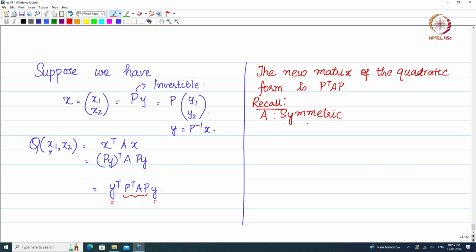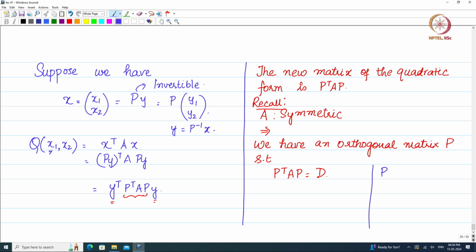If A is symmetric, then we can find an orthogonal matrix P such that P transpose A P is the diagonal matrix D. If you recall, for a real symmetric matrix A, we have A is equal to P D P transpose.